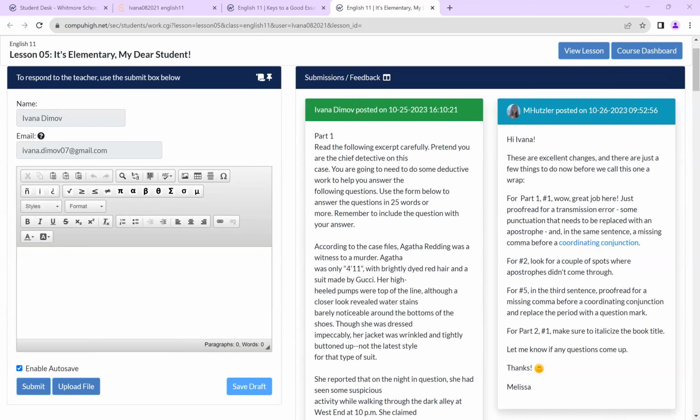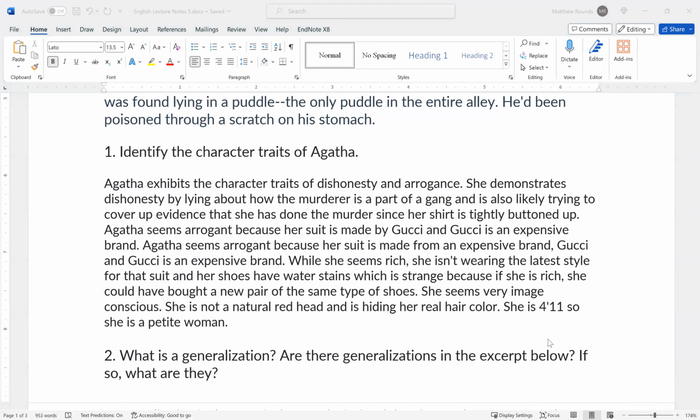So let's go and look at that. The word that she says for part 1, number 1, there's a transmission error, some punctuation that needs to be replaced with an apostrophe, and in the same sentence, a missing comma before a coordinating conjunction.